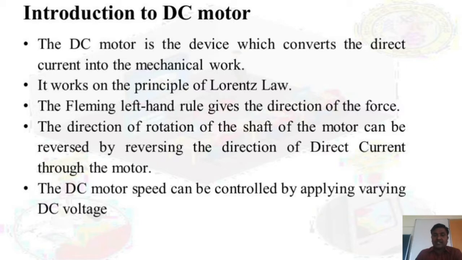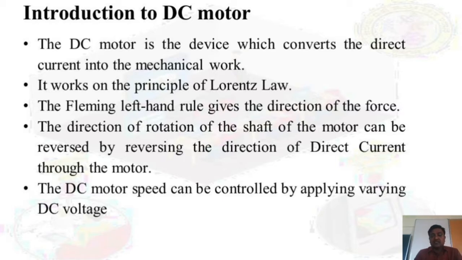As we have already studied, the Fleming left hand rule, in this direction it will give the direction of the force. The direction of rotation of the shaft of the motor can be reversed by reversing the direction of direct current through the motor.